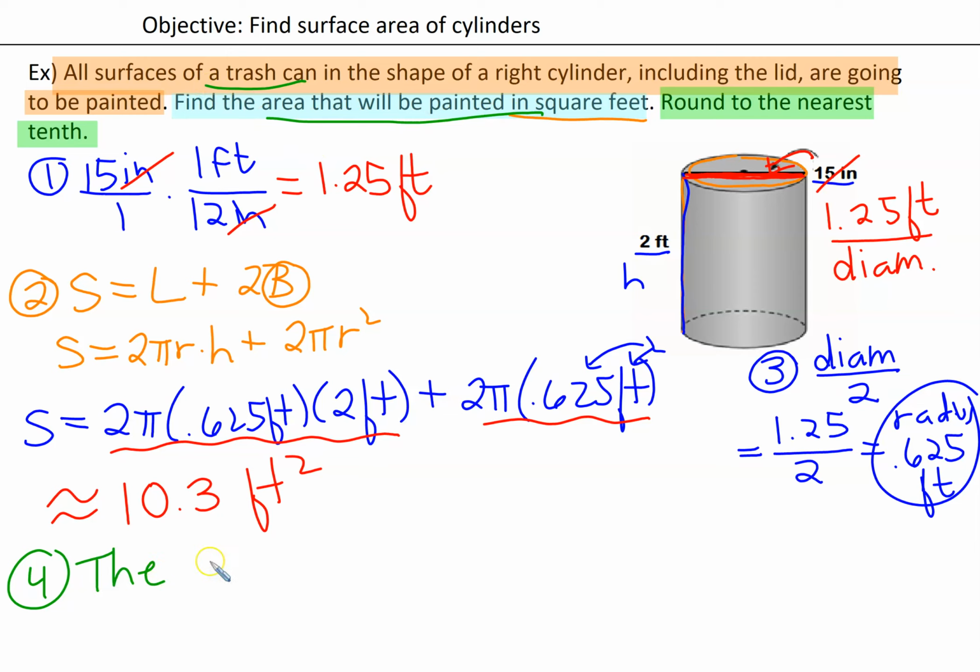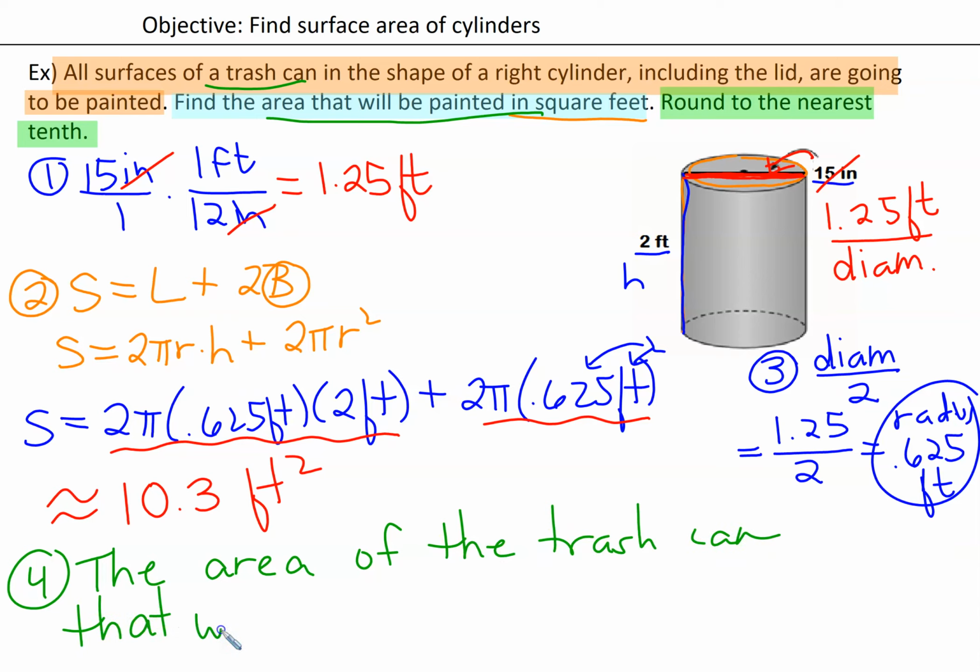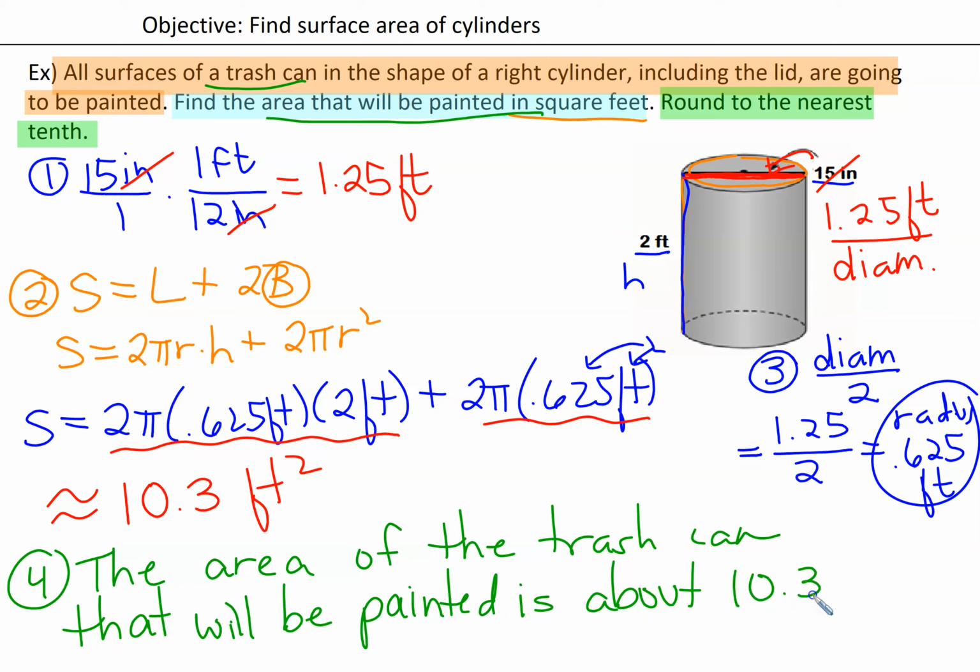So the area of the trash can that will be painted is, this time for accuracy, we're going to say about, because we did approximate this to the nearest tenth. So about 10.3 square feet.